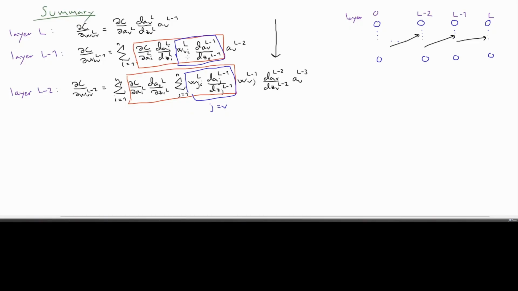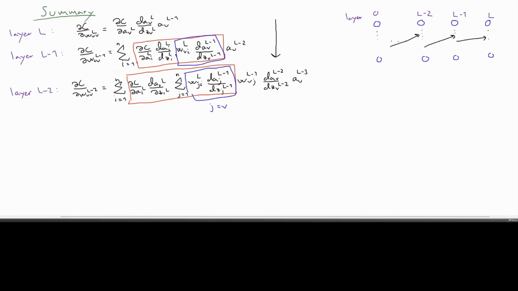So if we apply the same line of reasoning and assume that we remain at layer L-1 and we compute the derivatives of all weights incident to layer L-1, once we get to the next layer, for a given i, we already have all these terms as we loop through them using index variable j. So if we were just blindly computing derivatives starting from layer L and then going to layer L-1 and then layer L-2 and so on, we will be repeating the same calculations over and over again, which seems like a waste. It would then behoove us to keep track of calculations we've already made so that we can reuse them instead of repeating them.